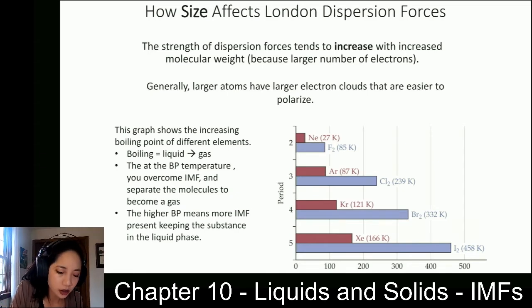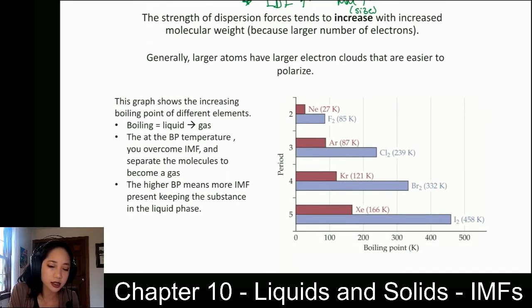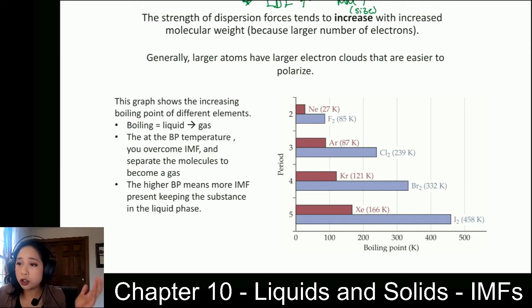So let's summarize: London dispersion forces increase when molecular weight increases. That's essentially size. Generally, atoms that are larger have larger electron clouds, so there are more electrons to polarize. Therefore, you can induce temporary dipoles more easily.